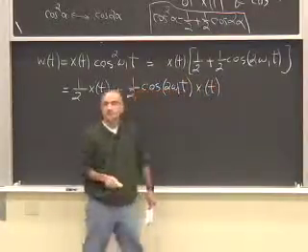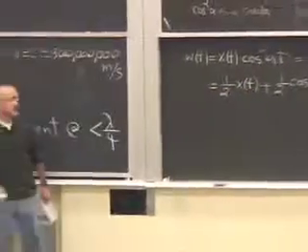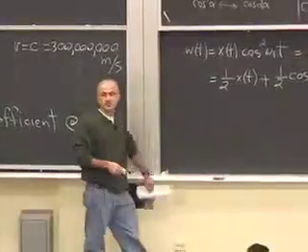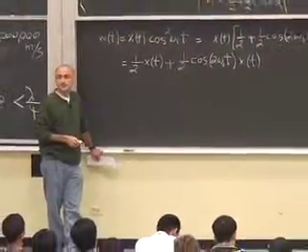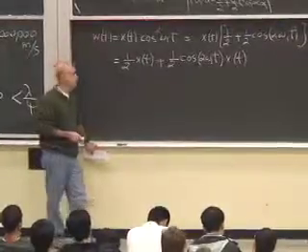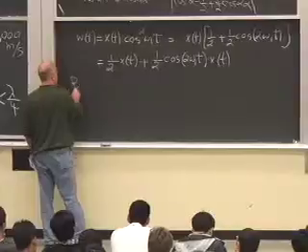Now, last time when we took a spectrum and we multiplied it by a cosine, what happened to it? Split it into two. So let's do a bit of a review.